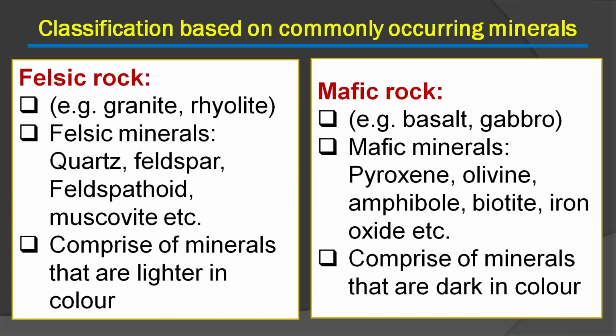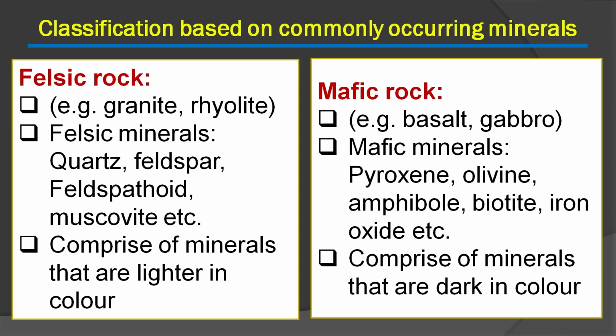There can also be classification based on commonly occurring minerals in a rock. Based on this, the igneous rocks are classified into felsic rocks and mafic rocks. Common examples of felsic rocks are granite and rhyolite. Felsic minerals include quartz, feldspar, feldspathoid, muscovite, etc., and they comprise minerals that have a lighter shade of color.